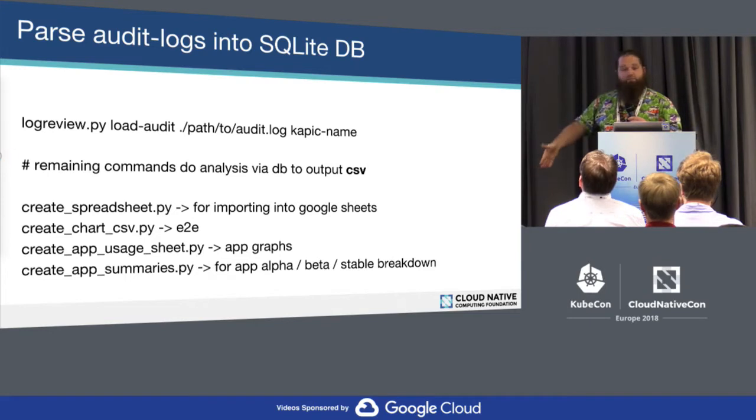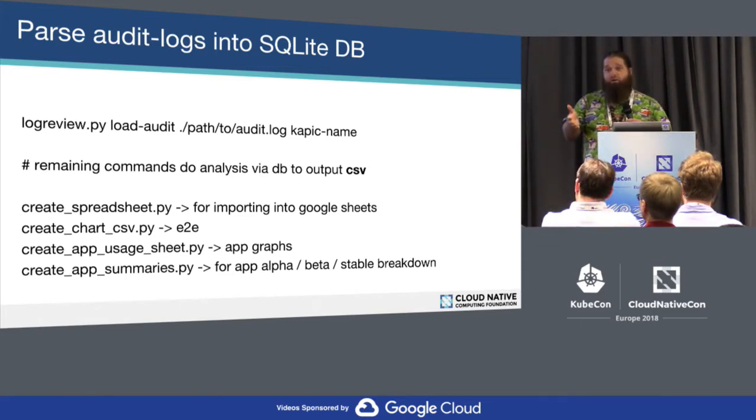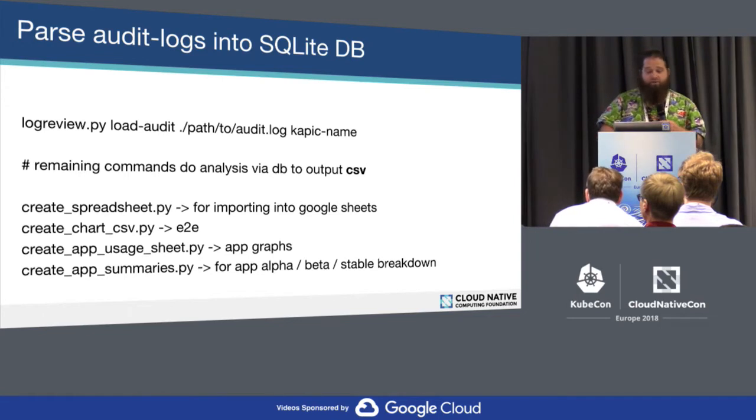We're just tailing them, putting them into a file, and loading them up into an SQLite DB. The remaining commands access that DB and output to various CSV files. We have one where we imported the Google Sheets document that was there prior, with all the information on what's currently being audited or tested for conformance.